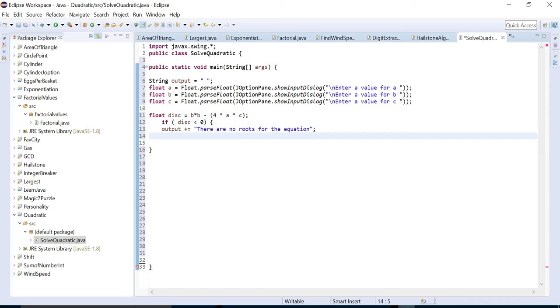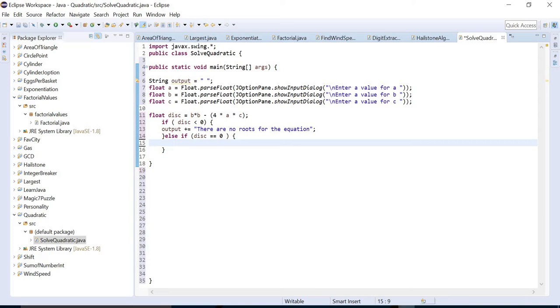We're going to have to end and then say else if, because if it's equal to 0, we have to have another result. Else if disc is equal to 0, then open.